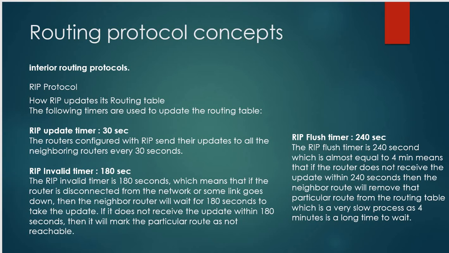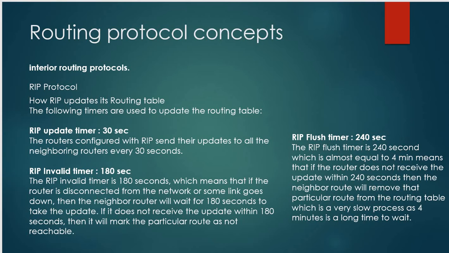The routers configured with RIP send the update to all the neighbor routers every 30 seconds. So it updates all this routing information to the neighboring, adjacent routers.